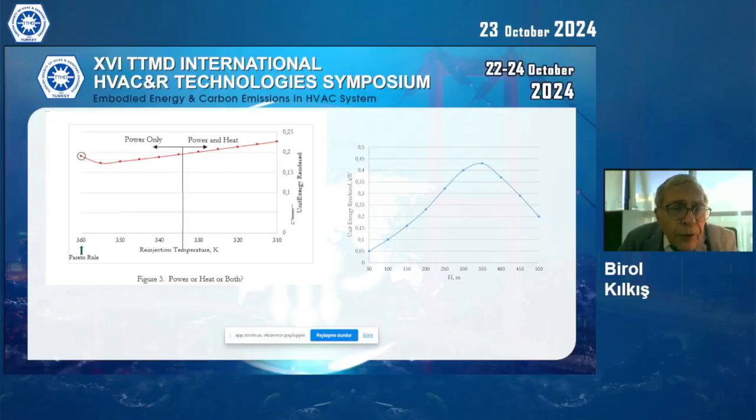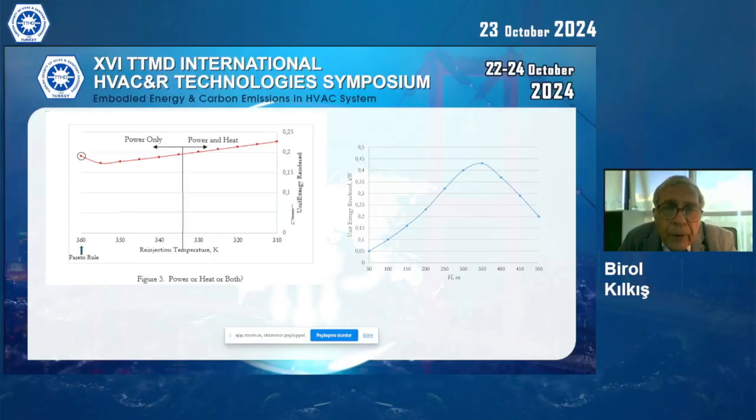The power-only case may go up to a reinjection temperature of about 335 Kelvin. Higher than that, we should use maybe only power, but below these temperatures, power and heat is feasible because of the unit exergy rendered, including both electricity exergy and thermal power exergy.